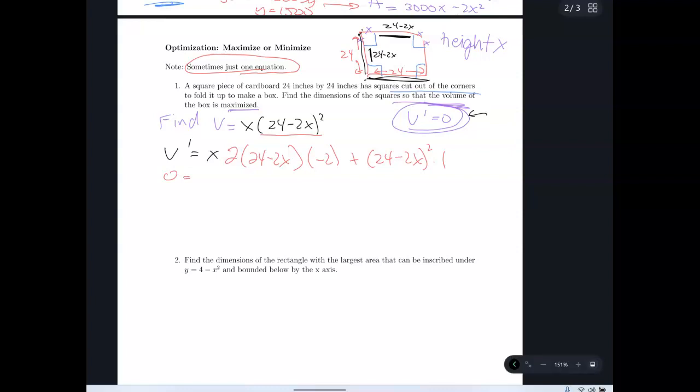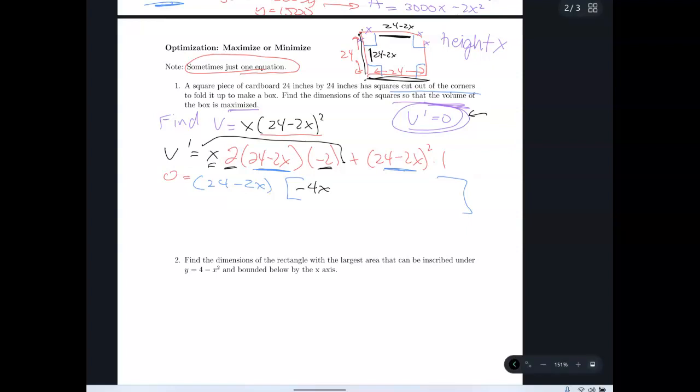Think about what you could factor out. I think I can factor out a 24 minus 2x out of both of these terms. So if I factor out the 24 minus 2x out of this whole first term, then what's left is a negative 2, a 2, and an x, so negative 4x.